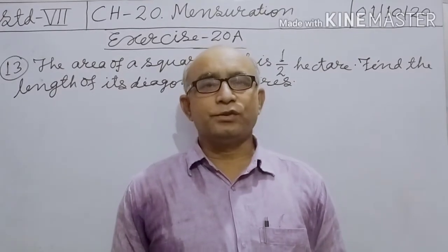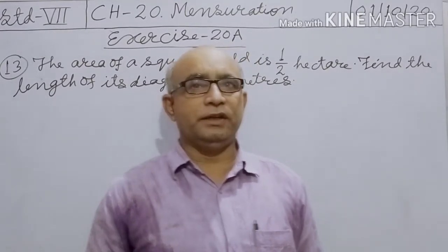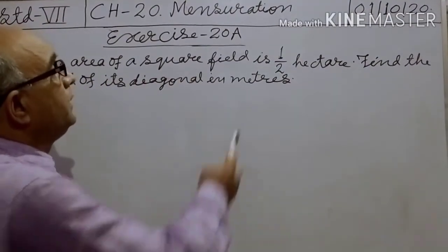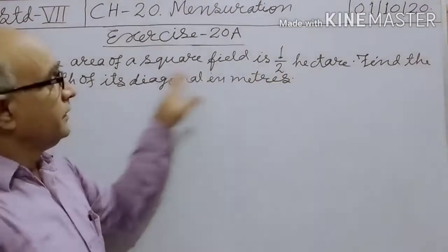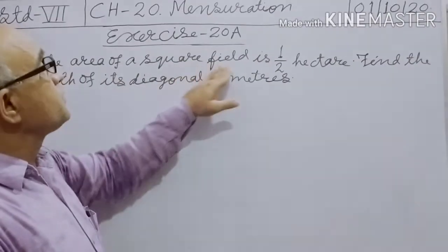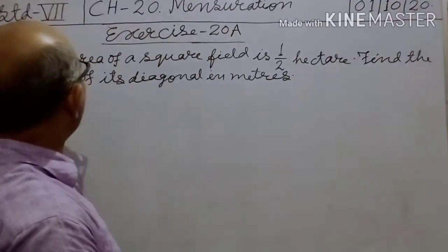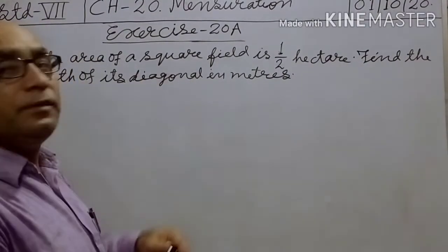Students, next question is question number 13. In this question, the area of a square field is 1 by 2 hectare. Find the length of its diagonal in meters.